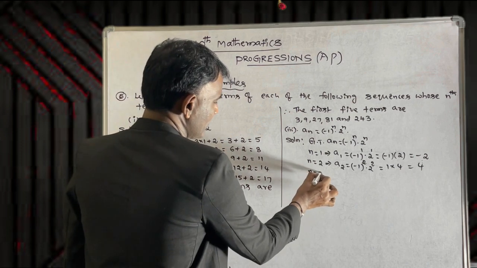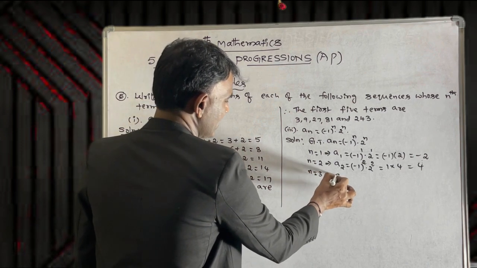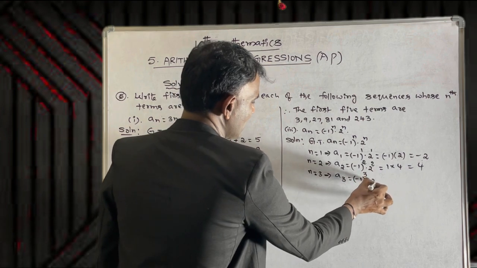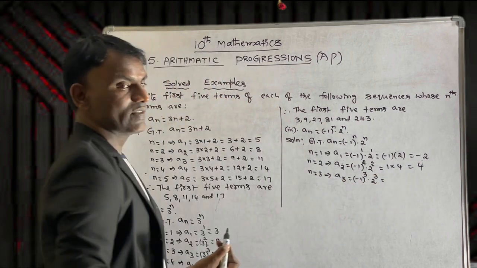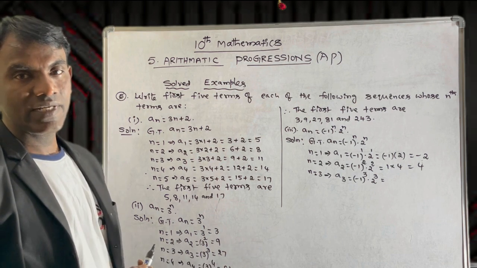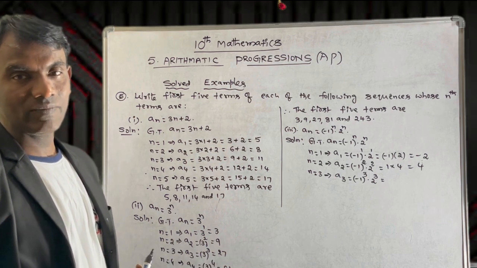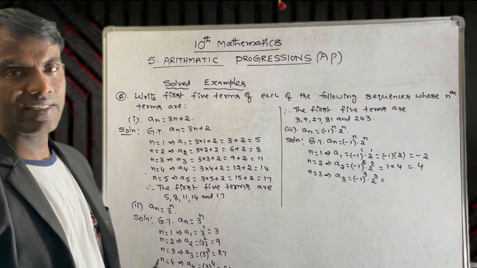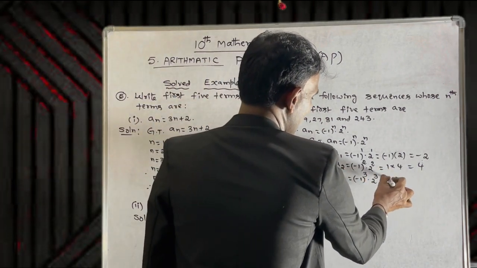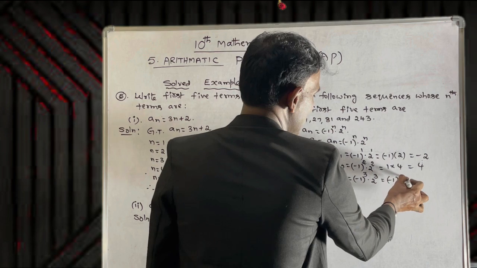And for the third term, substitute n equal to 3. So a3 equal to minus 1 whole cube into 2 cube. So what is the value of minus 1 whole cube? In the previous question I told you, minus 1 power an odd number is negative. So 3 is an odd number, then we get minus 1 into 2 cube means 8.